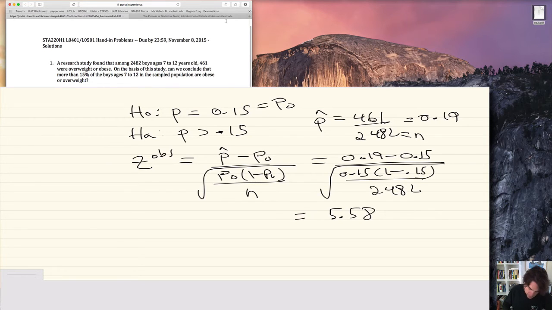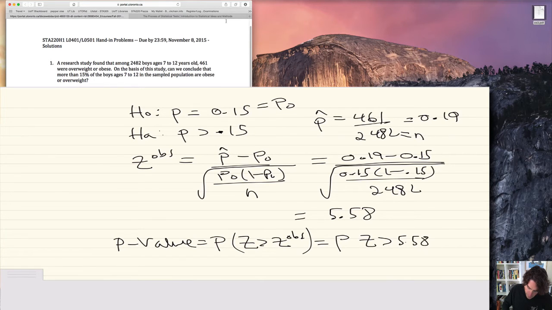So the p-value in this case is equal to the probability that Z is greater than Z observed. And the value of Z observed is 5.58, so the probability that Z is greater than 5.58.